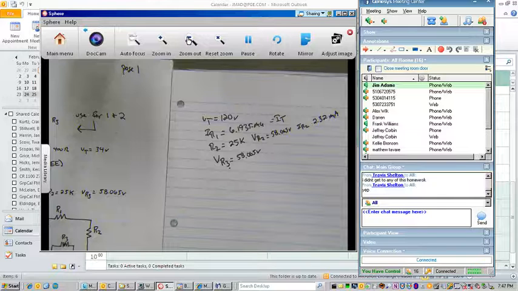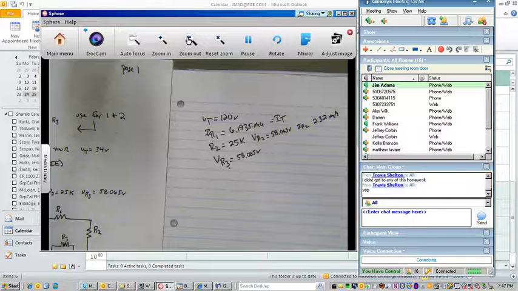Okay, let's see here. We know that IR1 is also IT, right? All the current goes through R1. Right? We also know that VR3 is going to be the same as VR2. So the voltage across R2 equals 58.065 volts.